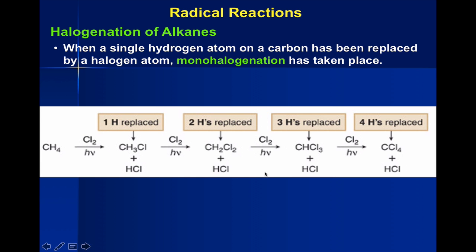First off, you'd get a lot of HCl gas coming out of the reaction, but also you'd get methyl chloride, which would then continue to react to make dichloromethane, which would then continue to react to make chloroform, which would then continue to react to make carbon tetrachloride. And so you'd end up with a distribution of all four of these products plus the HCl. And that's not very practical on a laboratory basis.